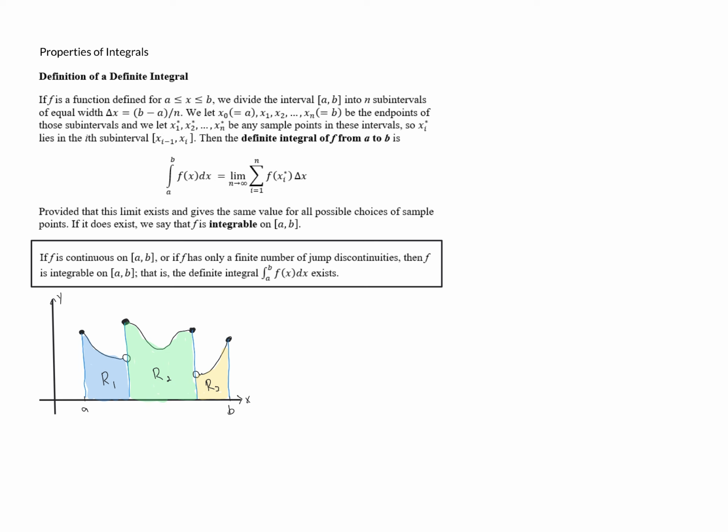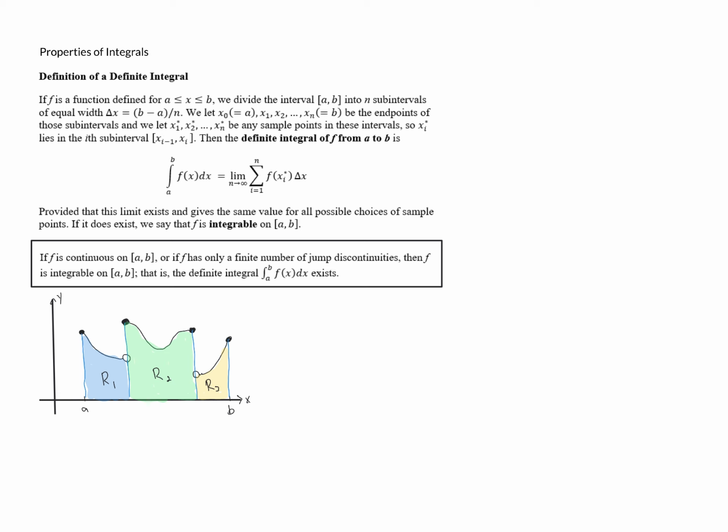So long as it's a finite number of jump discontinuities, it's a finite number of intervals, and they all have a specified width, and we can just do the integrals on each of those subregions. So that is an explanation for why it makes sense that we should be able to integrate that with a finite number of jump discontinuities.